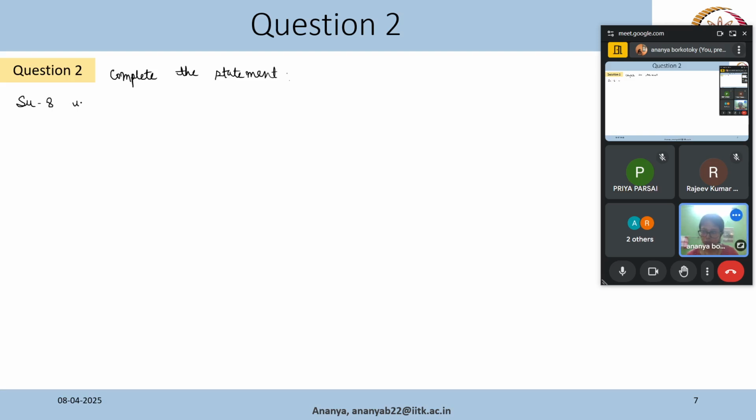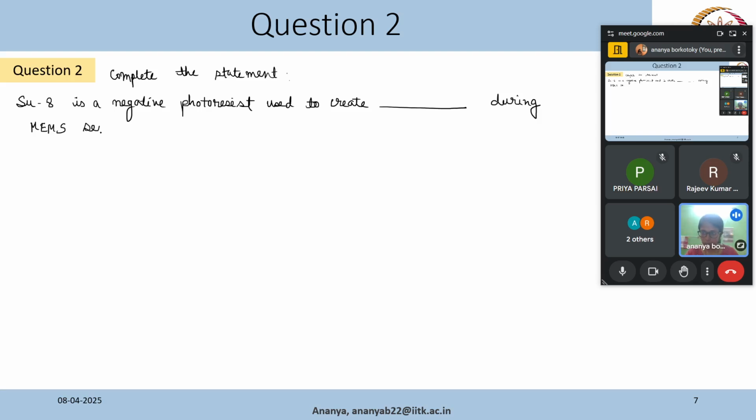SU8 is a negative photoresist used to create dash during MEMS sensor fabrication.